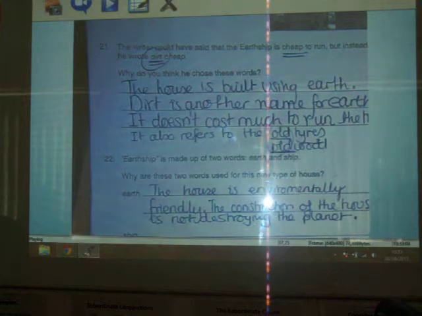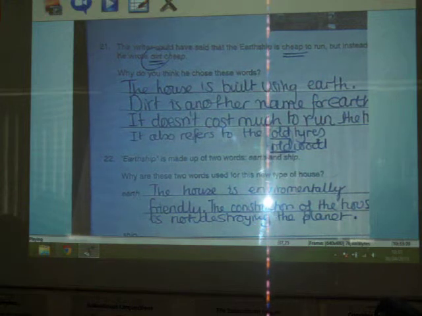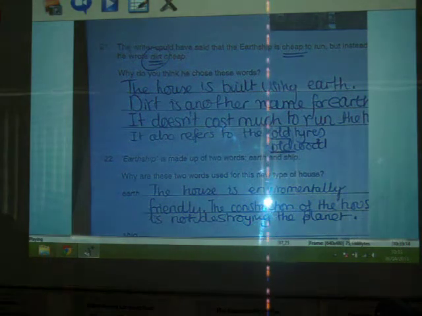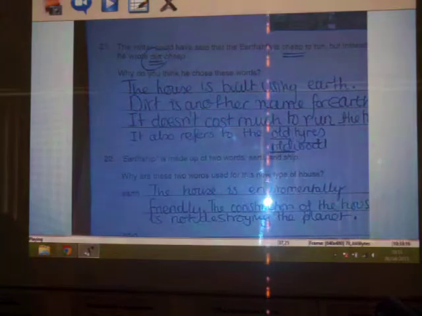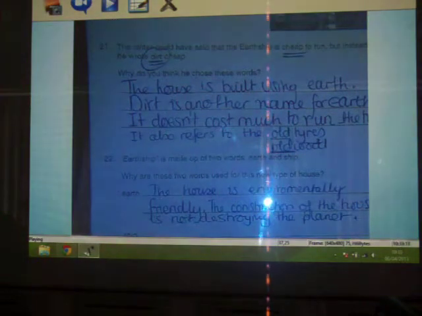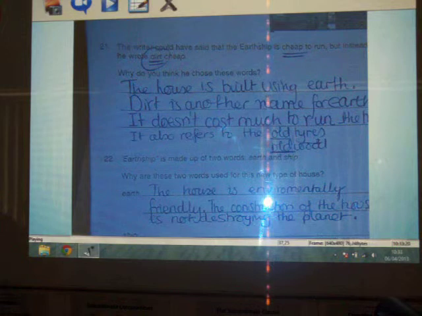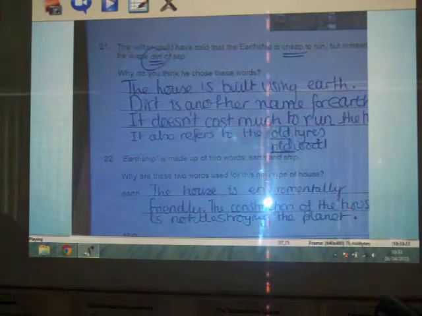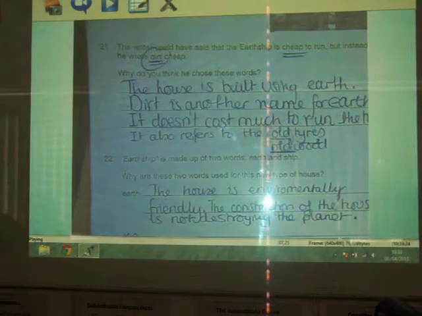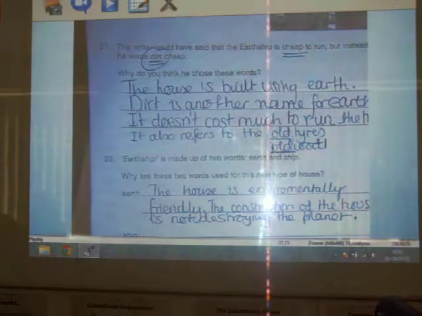Now ship. What is the significance of the word ship? When you go into a ship, what do you have? You have bathroom, toilets, living, sleeping. It's a fully contained unit. So what they're saying is everything you need is in there. It's all self-contained.